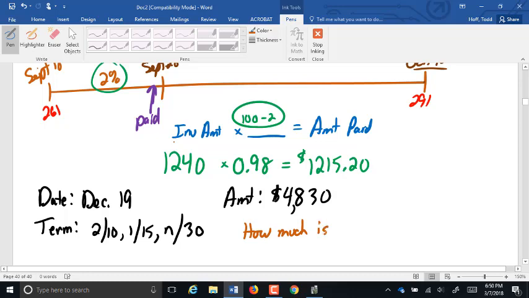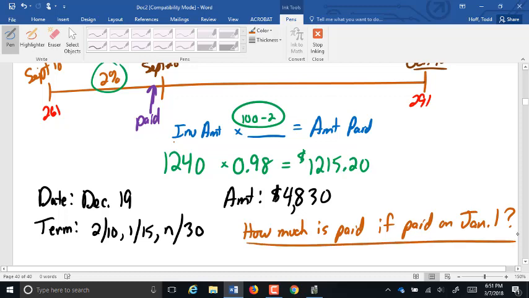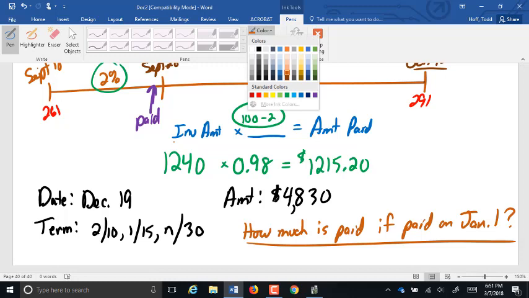How much is paid if paid on January 1st? I'm going to give you guys a minute or two to work on that.